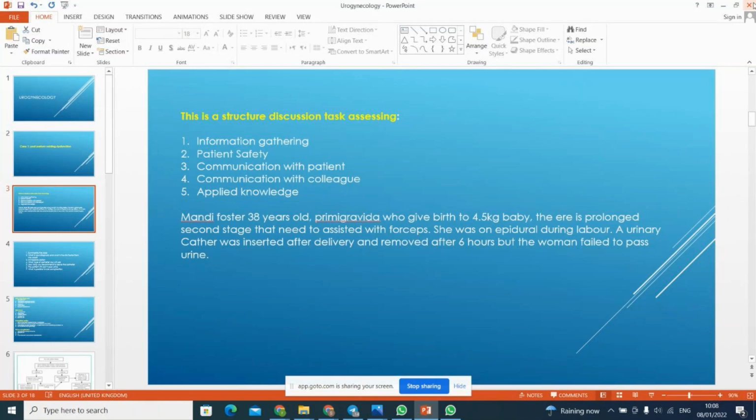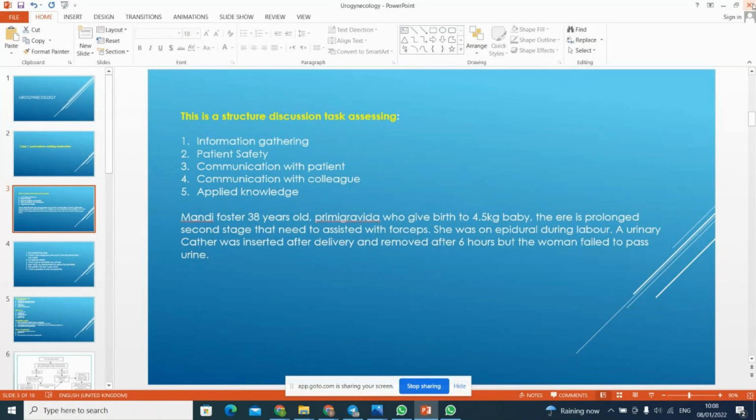Then I want to know whether she has any allergies, especially latex allergy. Before inserting any catheter, I would rule out latex allergy and then put the catheter. And I want to know whether she has any history of recurrent urinary tract infections.